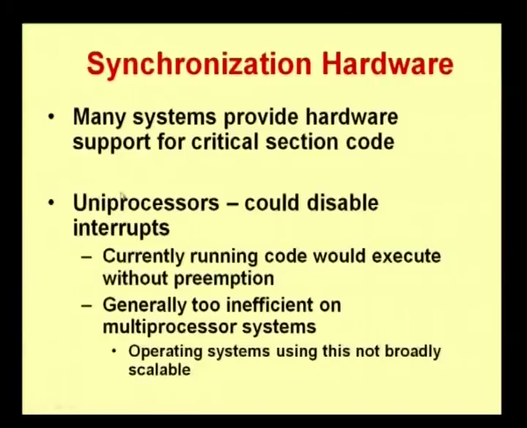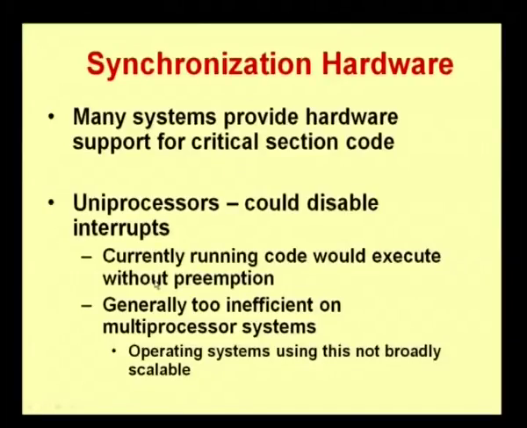One is the uniprocessor. Here we have a point to note: many systems provide hardware support, but again, not all systems. A uniprocessor is one which works with a single processor, for example Pentium 1, Pentium 2, Pentium 3.